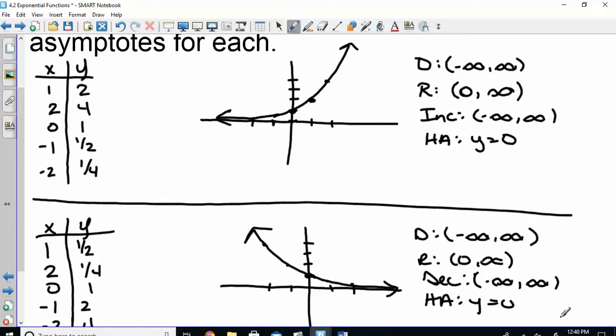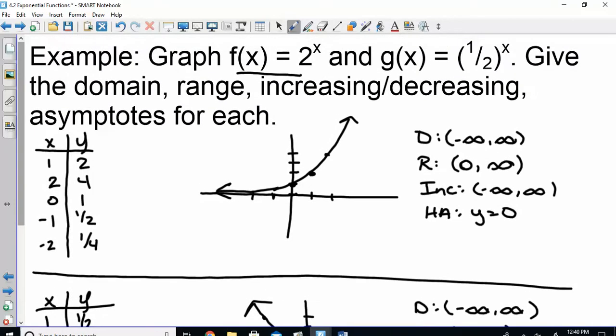What impacts whether it's increasing or decreasing? Okay. It's the base. If your base is bigger than 1, it's increasing. If your base is smaller than 1, it's decreasing. They always have a horizontal asymptote at the axis.